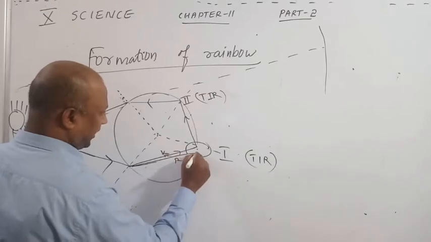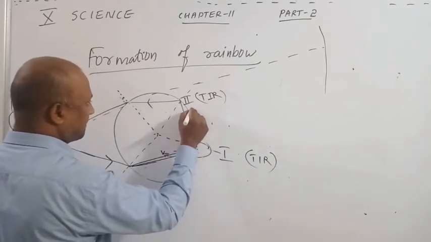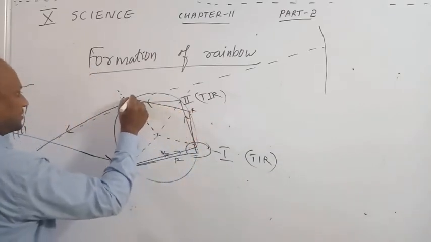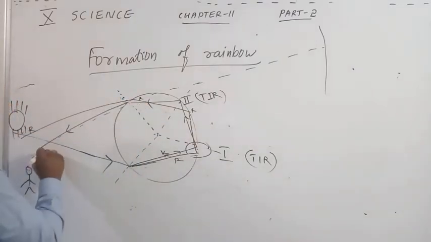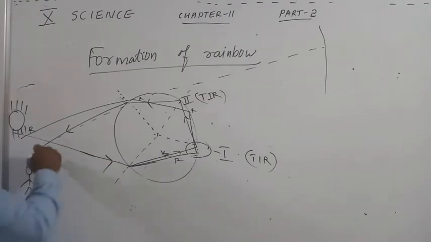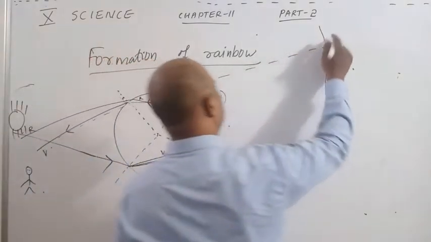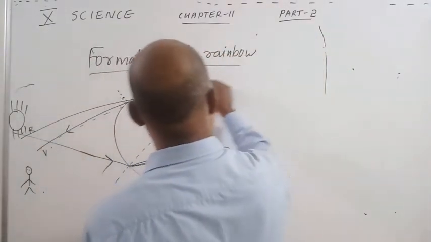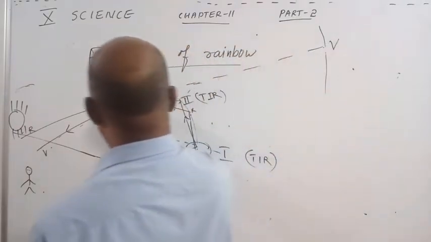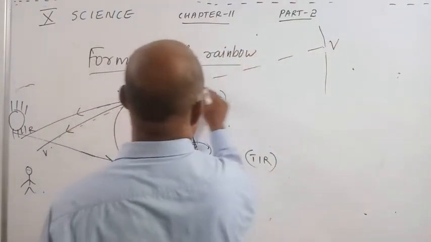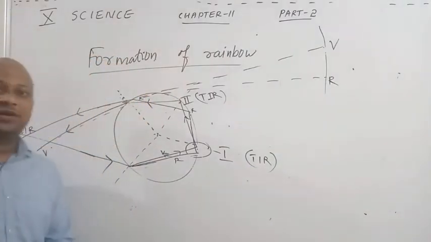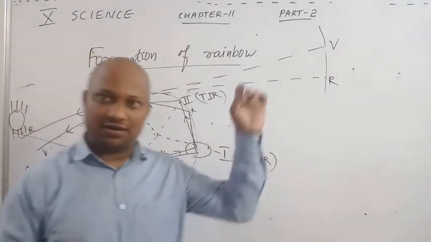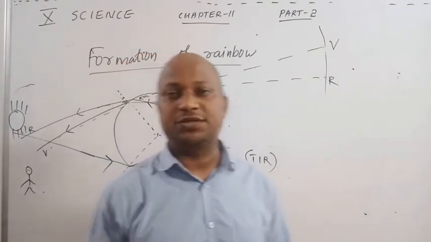And the red deviates again less. So this is red and this is white. So violet will automatically go up, and the red will automatically go down. So this rainbow is just opposite, violet in the upper portion and red in the lower portion.